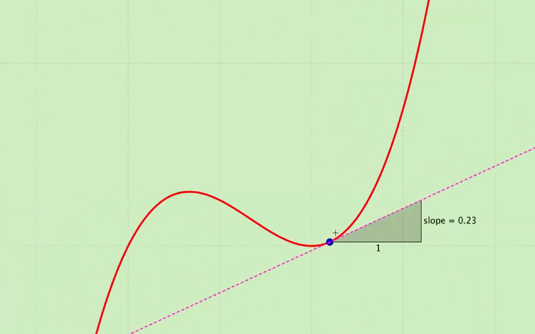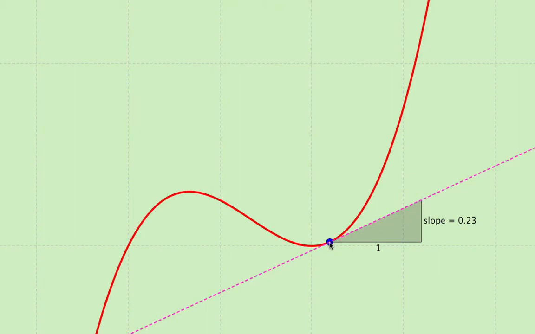If the 2 points become closer and closer to each other, then there's no point in drawing them separately. So here I have just 1 point, and there is a tangent, that connects 2 very, very closely spaced points on the curve, and the slope of this tangent is 0.23, which means I go 1 unit in this direction and 0.23 in that direction.